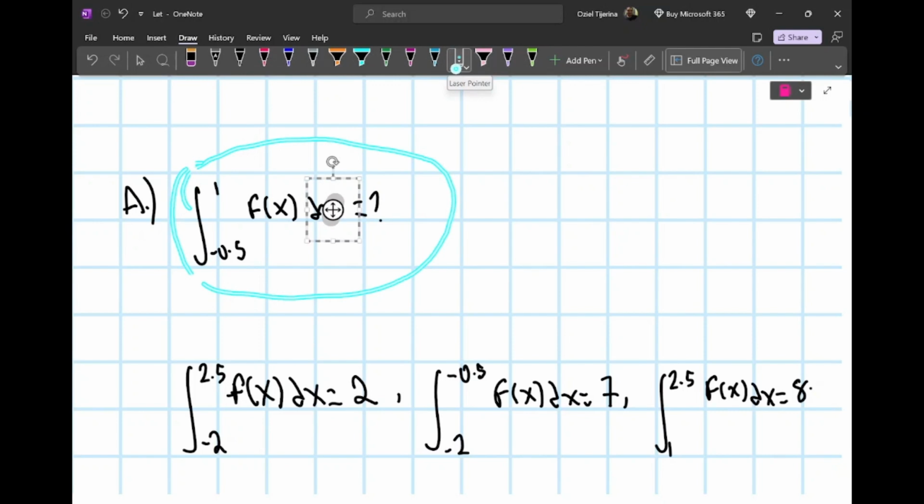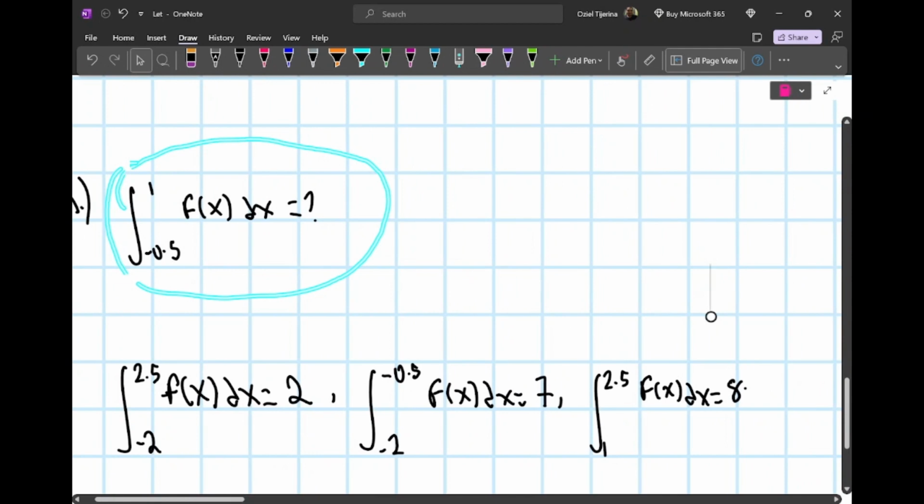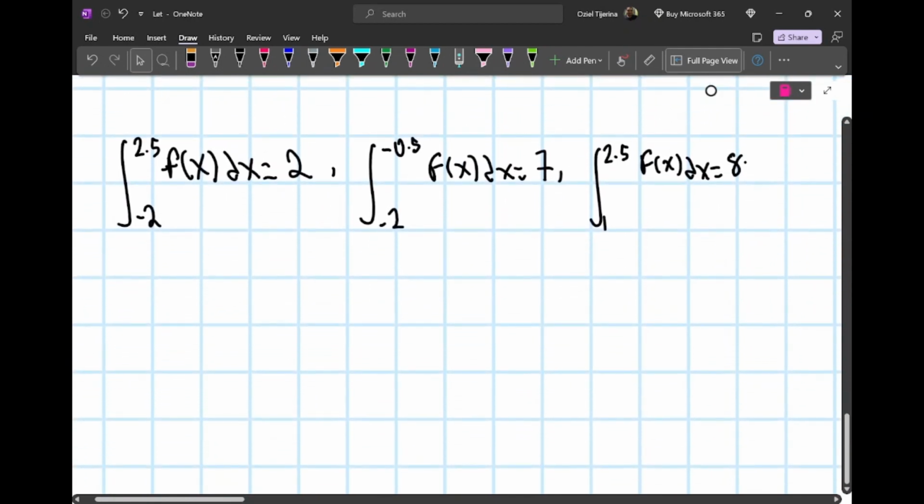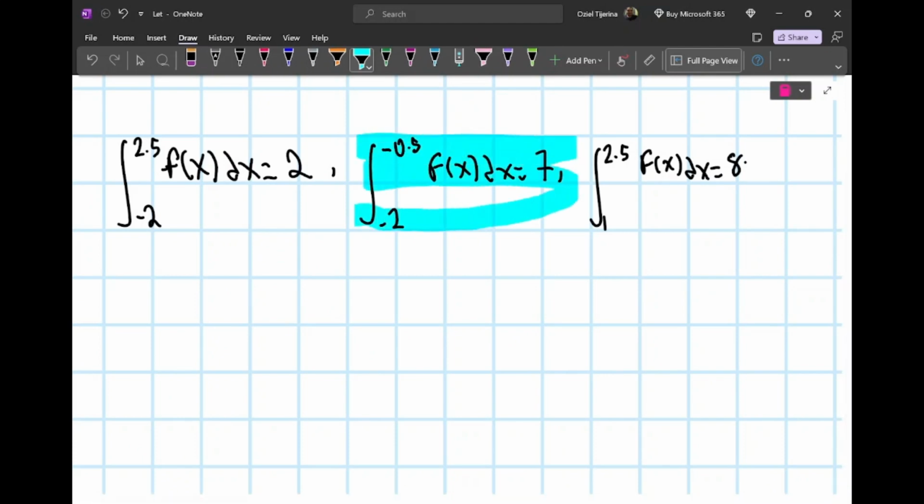To do that, I need to split this up. I know that I can use these two things to do this one. So if I use these two things, I'm going to say the following.